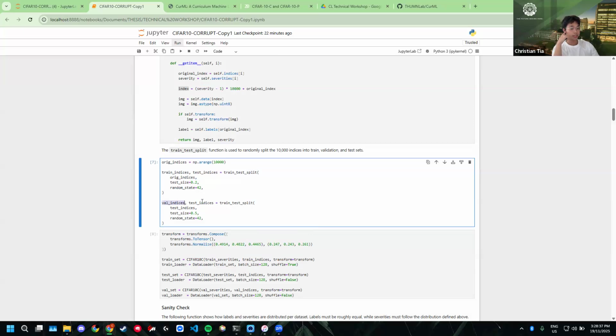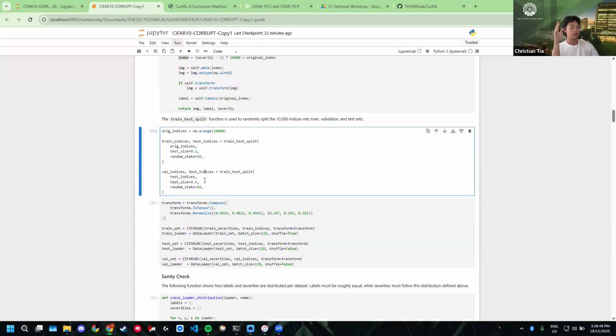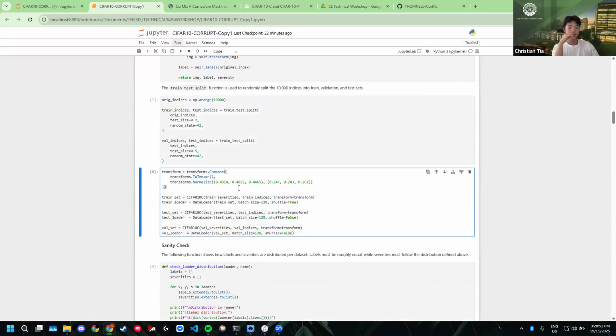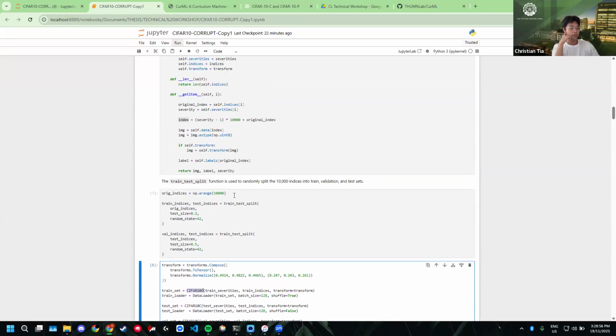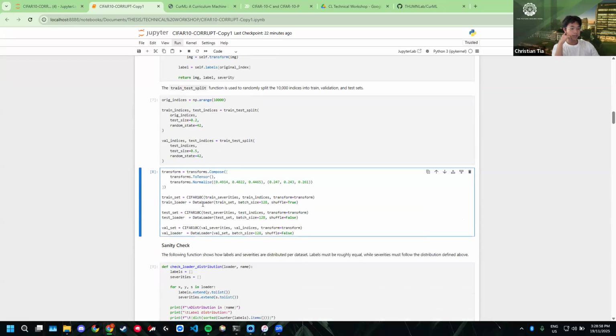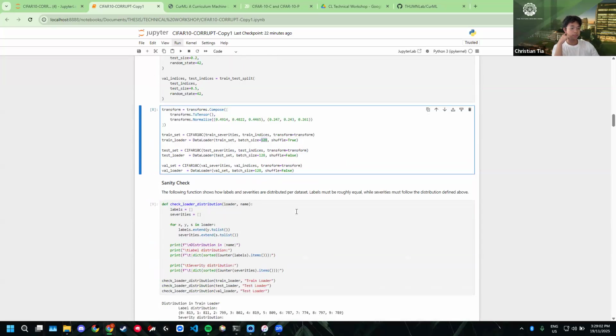And then for the validation set, which is the test indices, originally 20%, we're further splitting it by 50% so that it's 10% and 10% for the val and test sets. Then we'll load those up using that custom data set that I defined previously, and put them into data loaders like so, and we'll use batch sizes of 128.